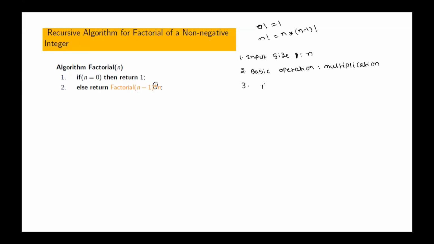Let T of n be the number of multiplications performed when n is given as input. Now, whether this T of n value only depends on n or on the actual values in the input also.